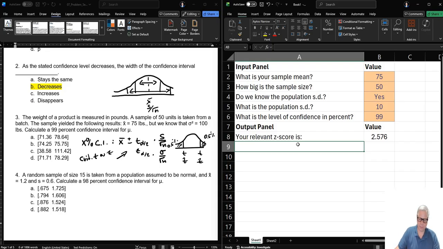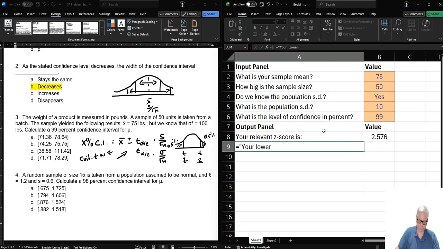And then the next question is, so now we want to say your lower 99% confidence limit is, and your upper 99% confidence limit is. So we have to put that into, we start with an equal sign and then in quotation marks, your lower. So now I need to pick up the confidence level that the user chose.